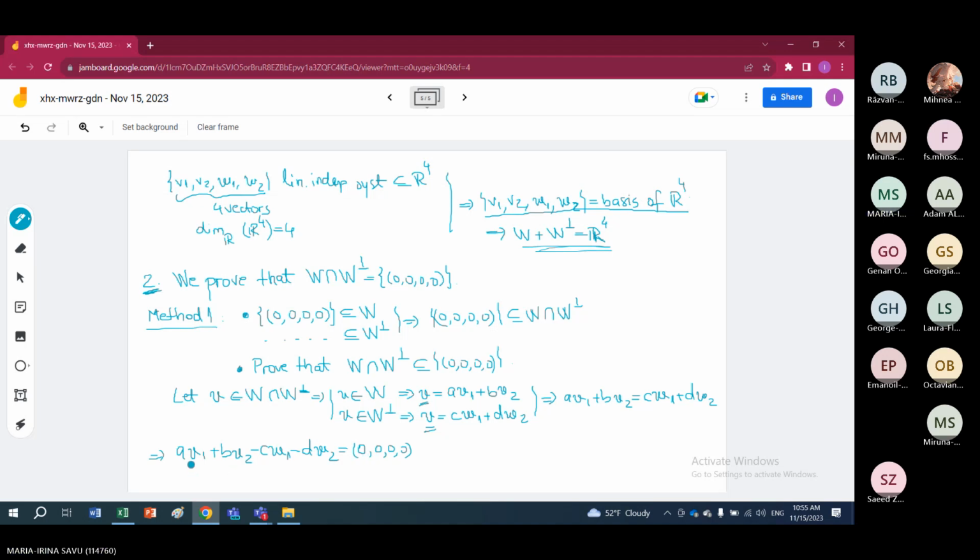So you have a combination which is equal to 0. And you know that V1, V2, W1, and W2 are linearly independent. So, what is your conclusion?